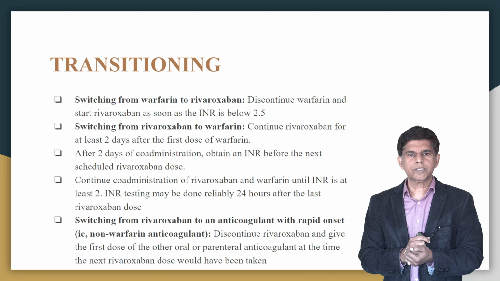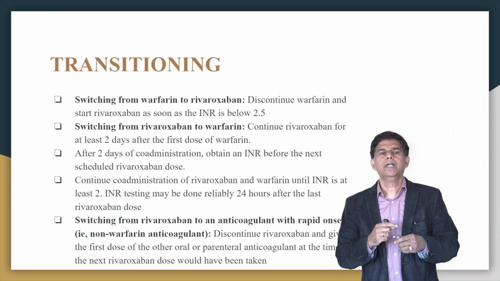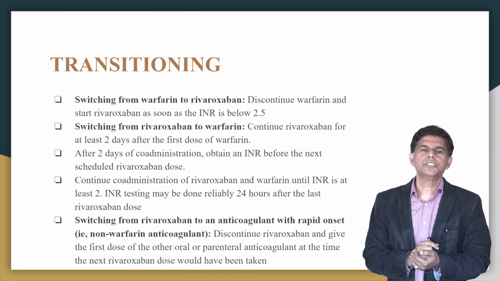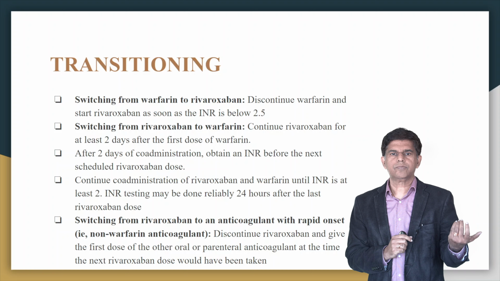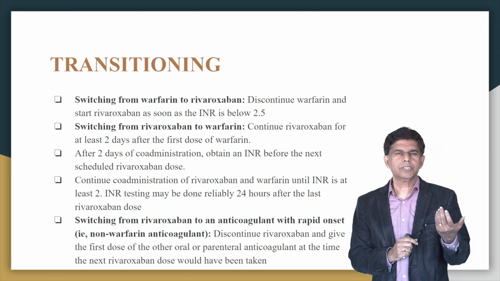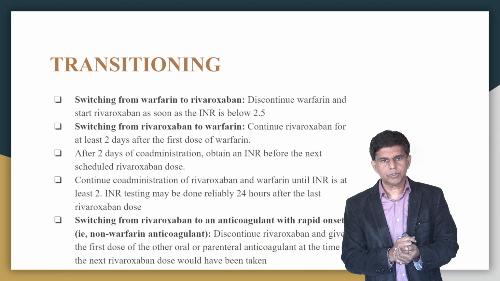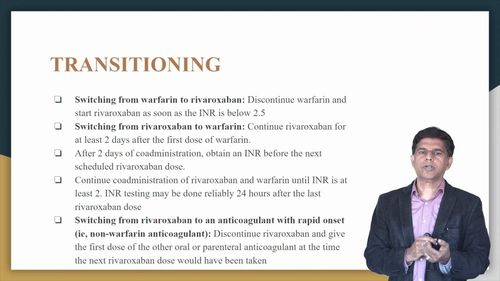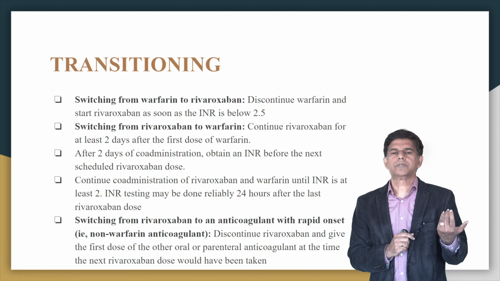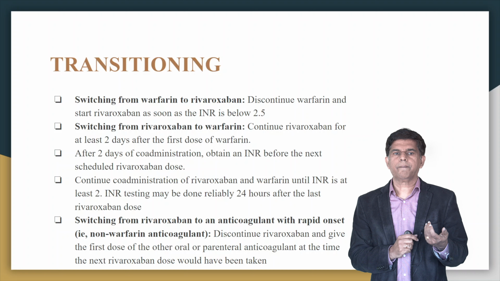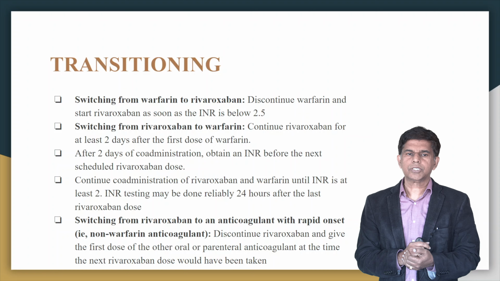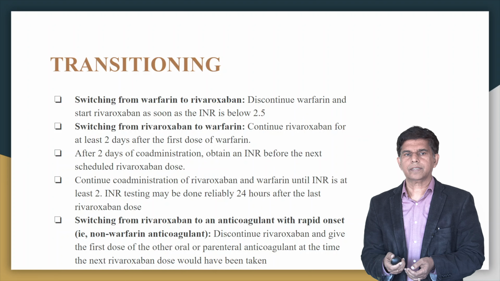After 2 days of co-administration, obtain an INR before the next scheduled Rivaroxaban dose, and continue co-administration of Rivaroxaban and warfarin until the INR is at least 2. INR testing can be done reliably 24 hours after the last Rivaroxaban dose. When switching from Rivaroxaban to an anticoagulant with a rapid onset, discontinue Rivaroxaban and give the first dose of either the oral or parenteral anticoagulant at the time the next Rivaroxaban dose would have been taken.